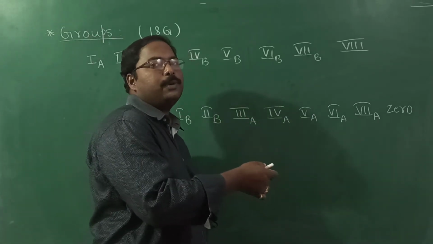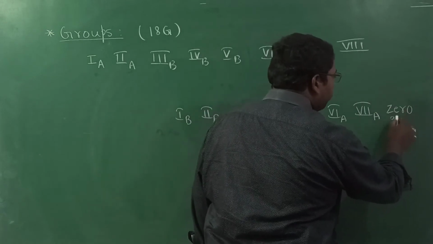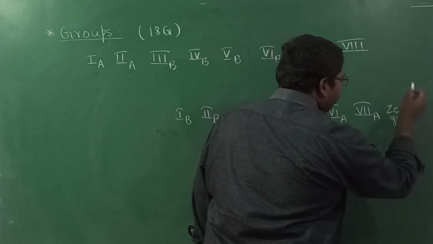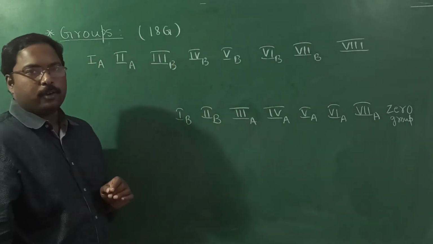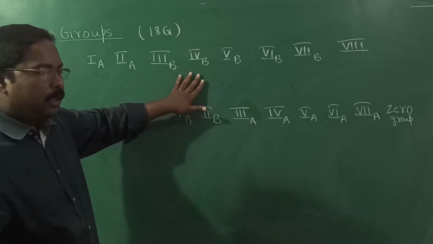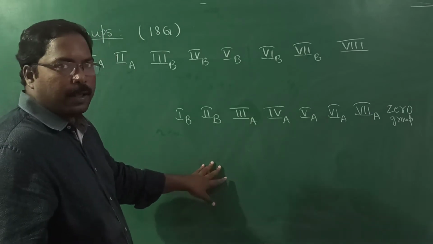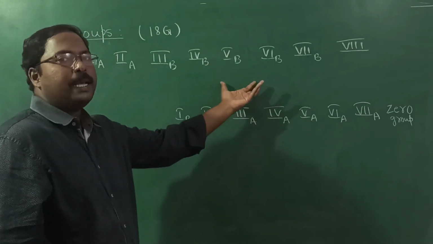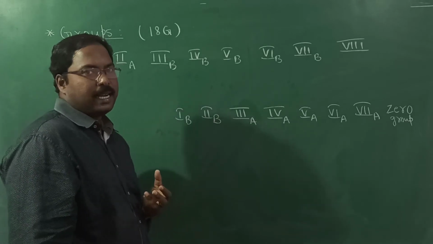Eighth A generally we should say, and normally we represent it as a zero group. So these are the total 18 groups. But if you observe this type of numbering, you may get 16 groups only, because 8 A type of groups and 8 B type of groups make a total of 16.